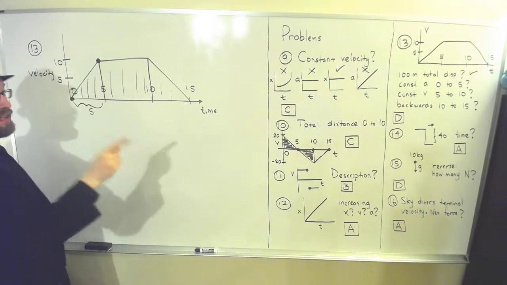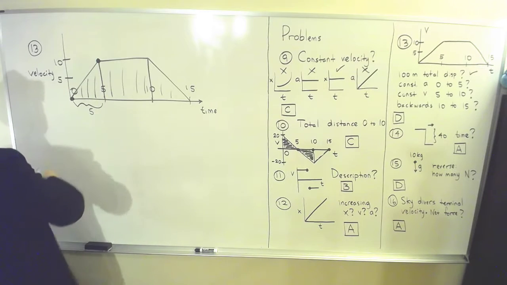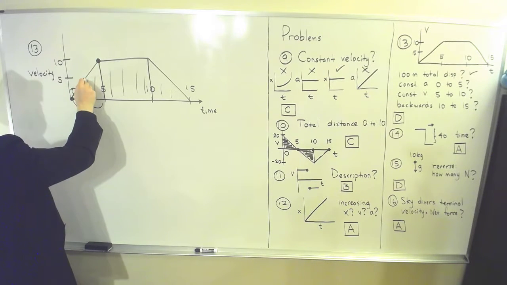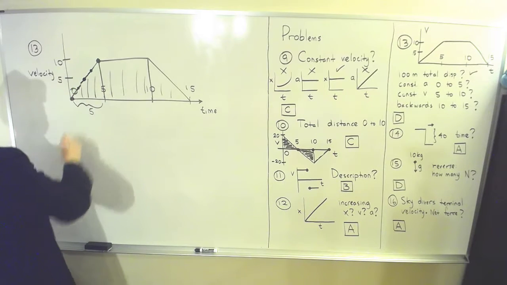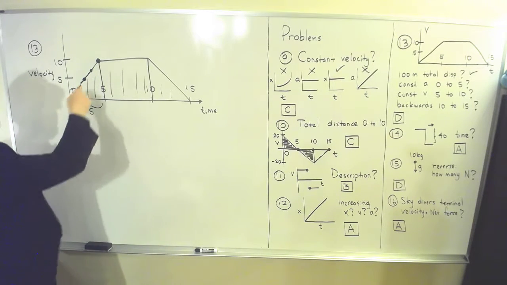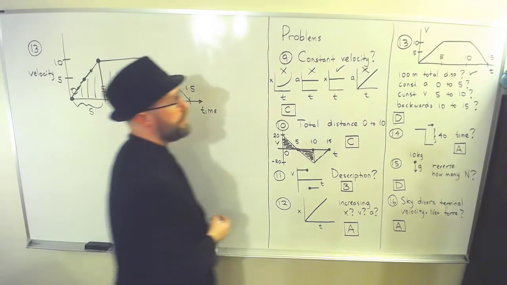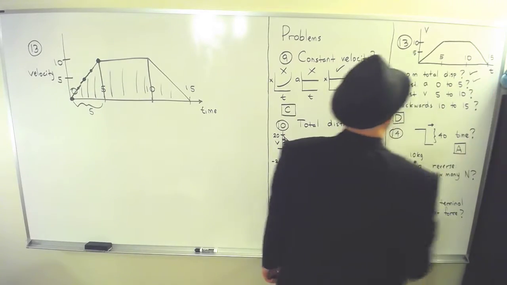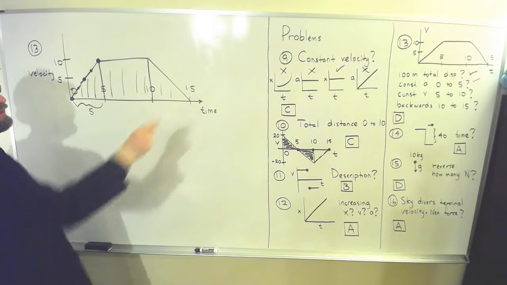The acceleration is constant because the line is straight. See, here you're thinking slope again. The slope here is constant here, same slope here, same slope here. The slope of the velocity curve is the acceleration, so you have a constant acceleration. Yes, this is true.